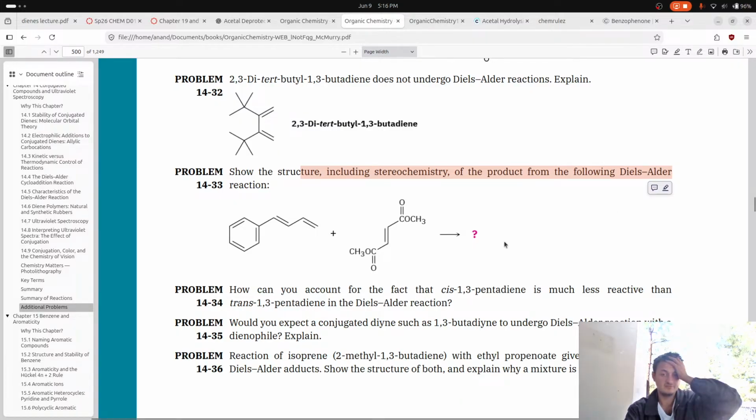Wow, that's a massive molecule. You have this diester here and an alkene. Okay, so show the structure including stereochemistry. That's going to be important because the main thing is that, look, this is a trans alkene.